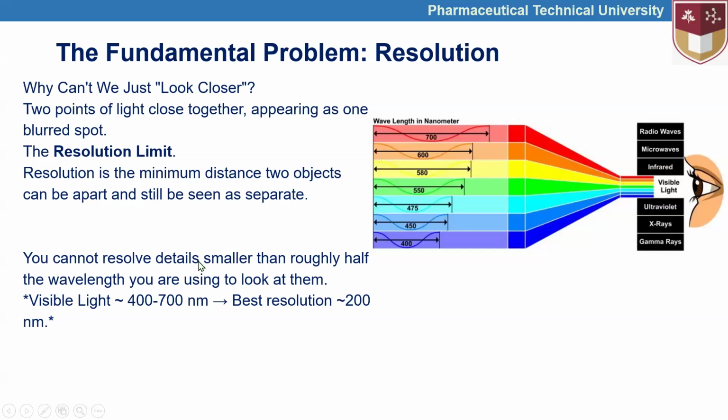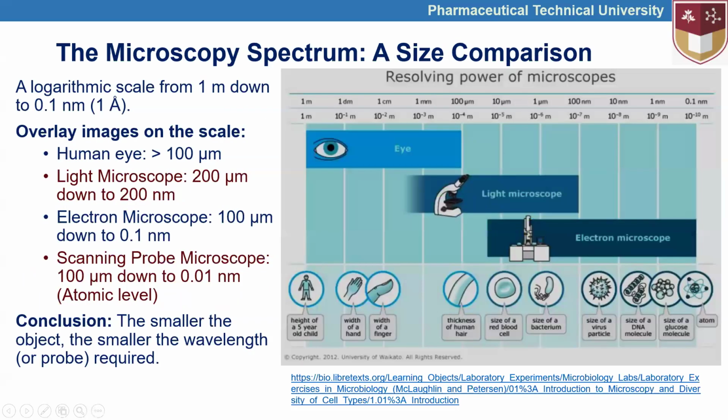Okay, we cannot resolve details smaller than roughly half the wavelength we are using to look at them. As we said, this is the wavelength range that our eyes can identify.